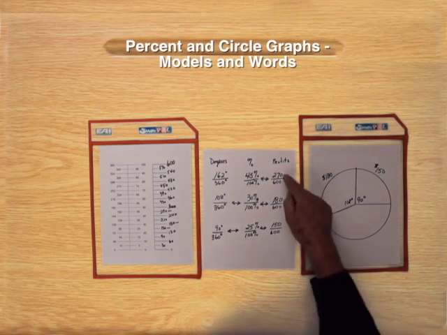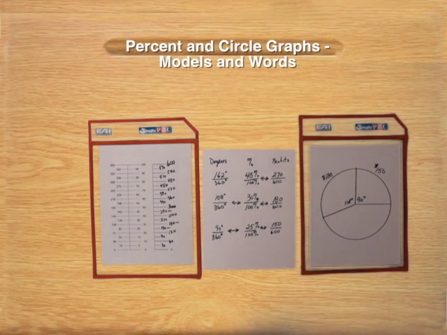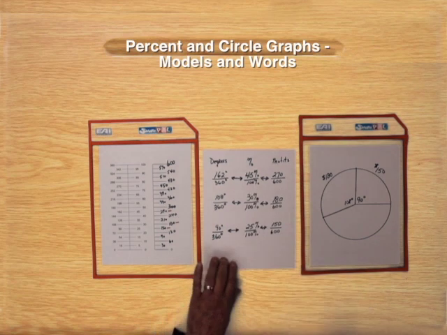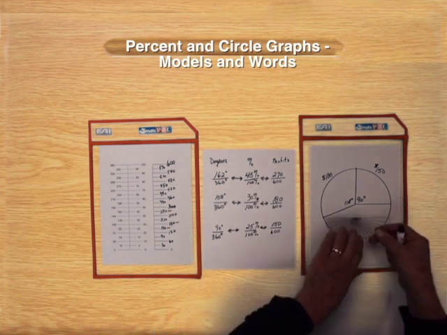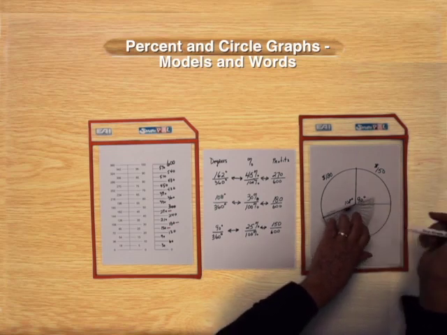So $270 in profits will be represented by an angle of 162 degrees.